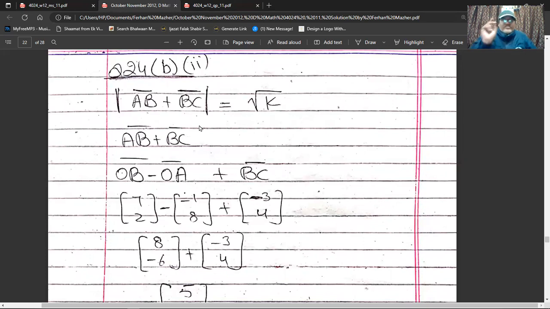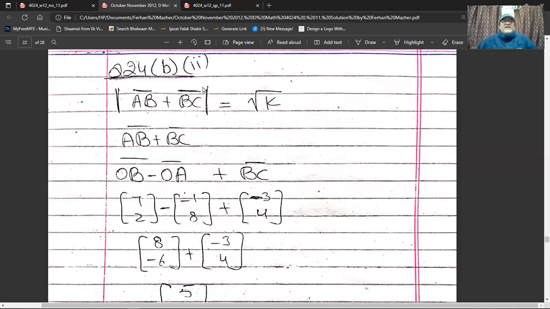Remember this formula, what I'm saying, because I have not written it here. That's the position vector formula. So AB will be equal to OB minus OA.